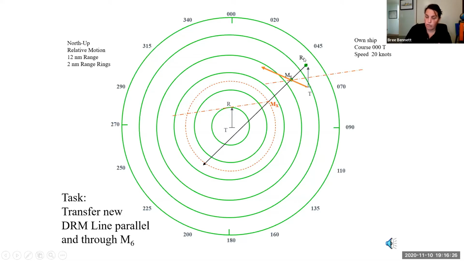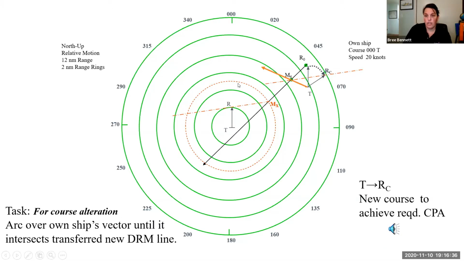And my own ship's vector is going to help me determine where to put that R. If I want to change course, I keep the length of my E to R, and I just swing a little arc over to see where it would cross the line, and that would be my new R, my R prime, or RC in this case.